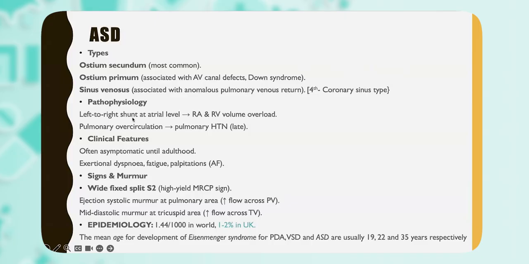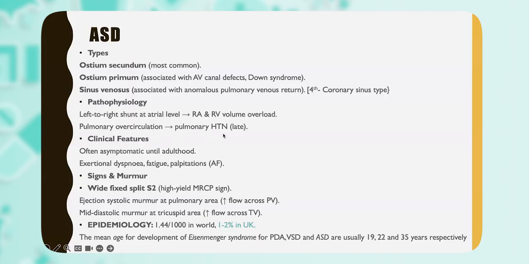Pathophysiology: left to right shunting at the atrial level, because obviously the left-sided heart pressures are higher. So first blood flows from LA to RA, then from RA to RV. The increase in blood volume in the RA and RV causes a chronic volume overload in these patients of atrial septal defect, which causes RA and RV dilatation and more blood in the pulmonary circulation, which causes pulmonary overcirculation.